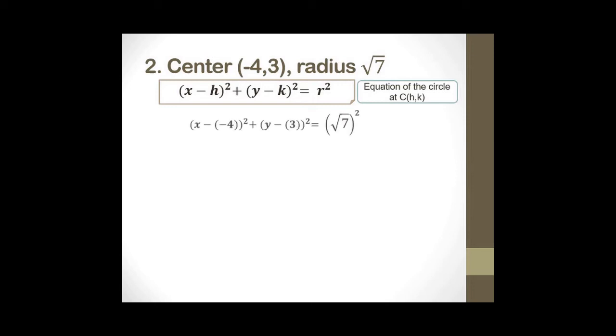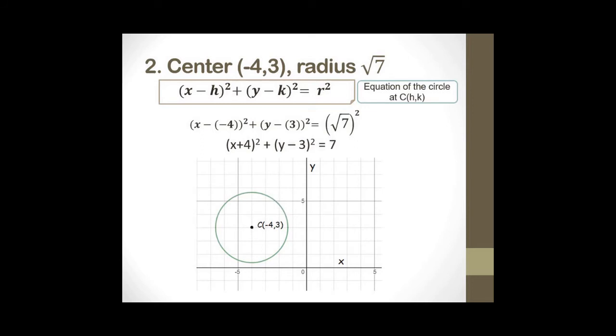So that becomes (x minus negative 4) squared plus (y minus 3) squared is equal to the square root of 7 squared. So that becomes (x plus 4) squared plus (y minus 3) squared is equal to 7. Now, here is the graph.